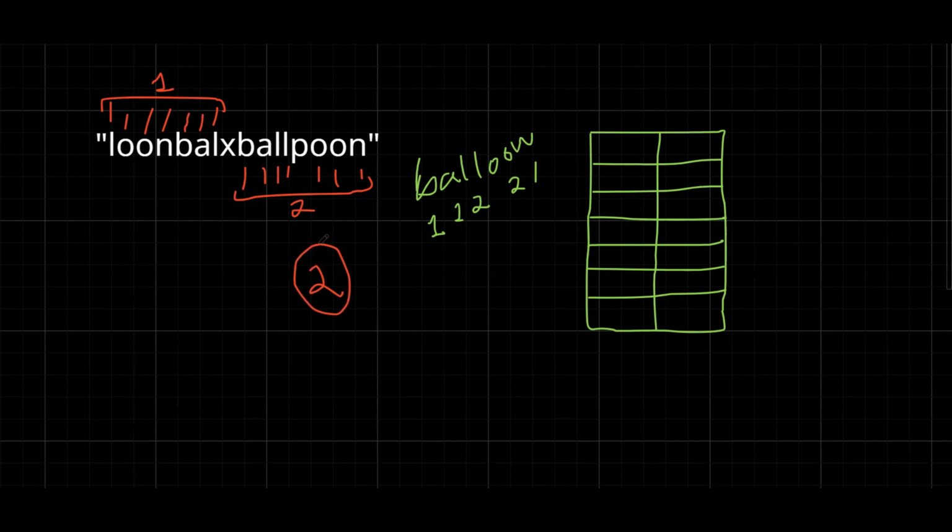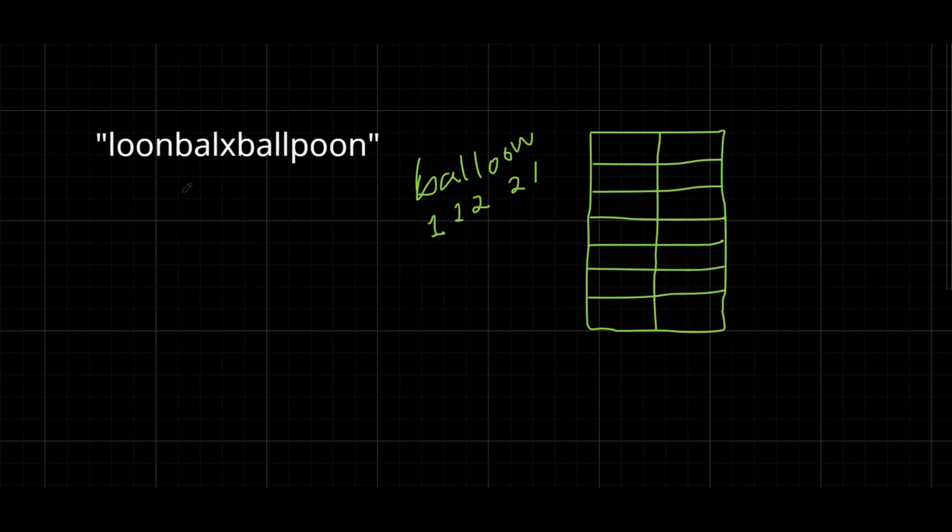Now, the question is, how can we solve this problem? In this problem, we have to deal with the frequency of characters. So in the input string, the frequency of B is 2, which is this and this. The frequency of A is 2. The frequency of L is 4.